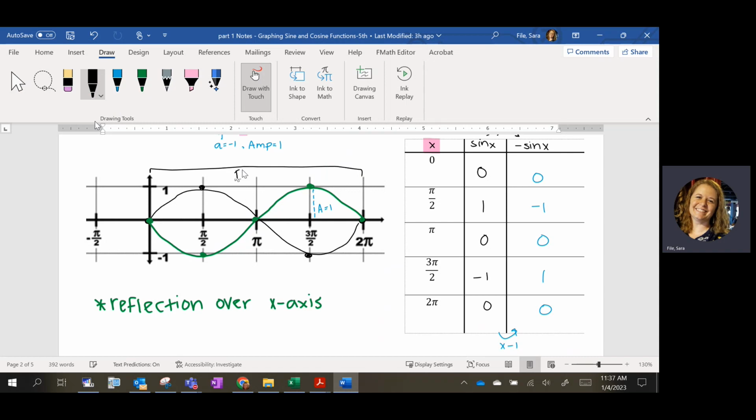That's still 2 pi. It just reflected it. So 3 ways your A will affect your graph. It can vertically compress, vertically stretch, or it will reflect if it's negative. Everybody good with A? All right.